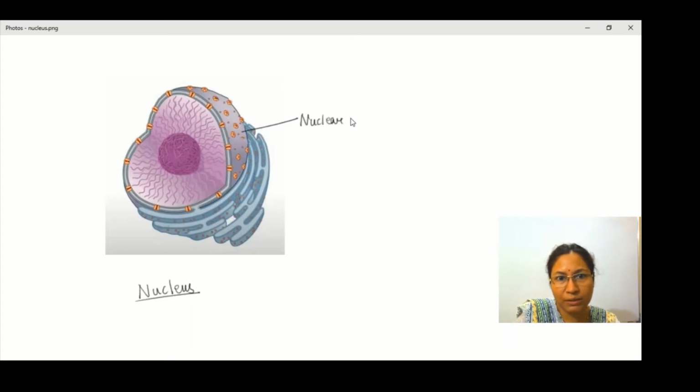This is the nuclear membrane. And on this membrane there are certain small pores. These gaps or pores help in the exchange of materials into and outside the nucleus. So this is the nuclear pore.